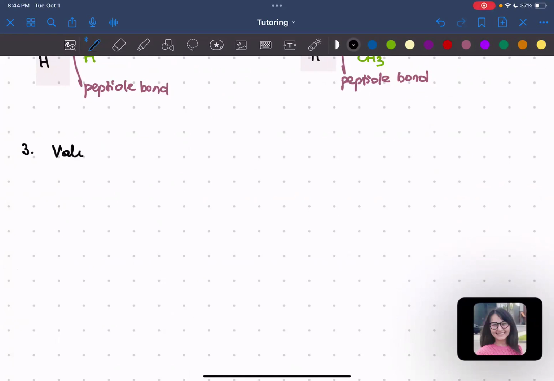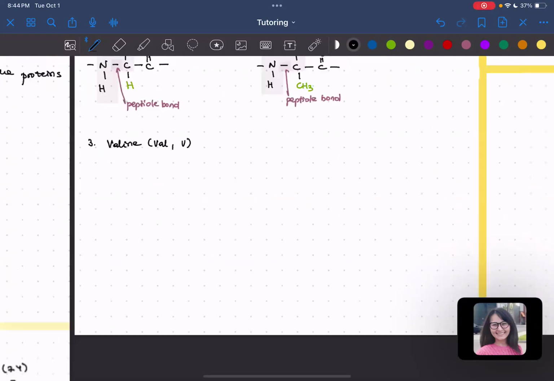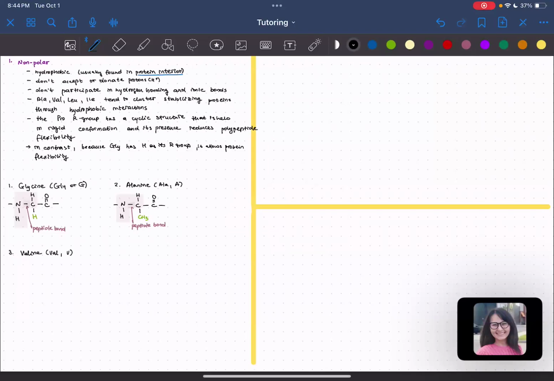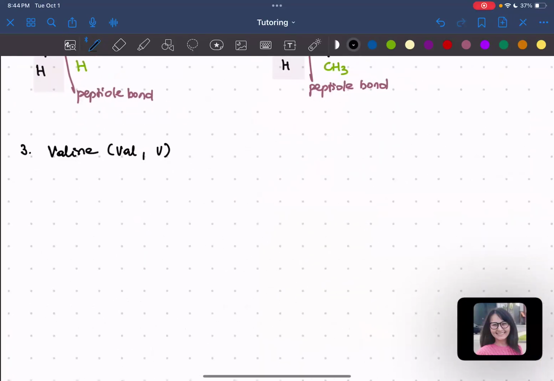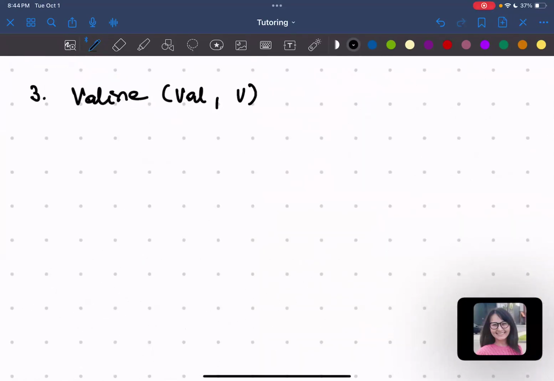Valine, Val, or just V. So remember again, valine, alanine, leucine, and isoleucine, they tend to cluster. Why? Because they're hydrophobic.